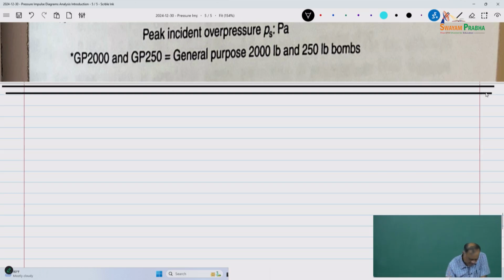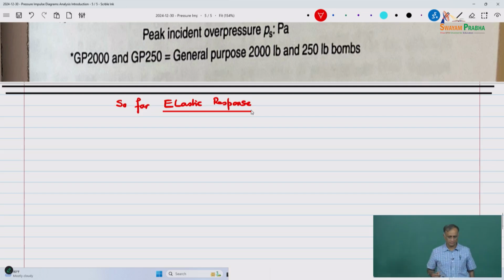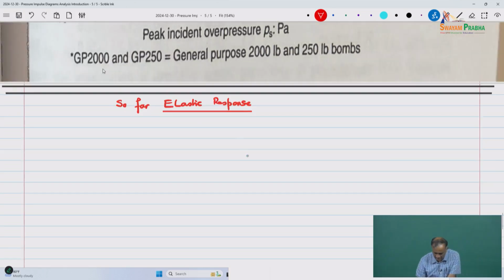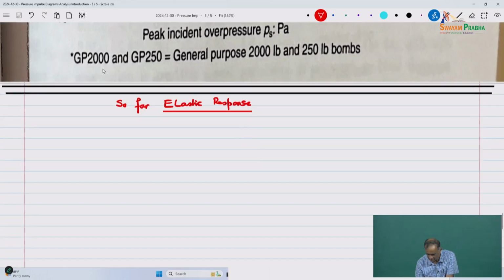So the next is, so far we have considered elastic response. Now we will look at the elastoplastic response.